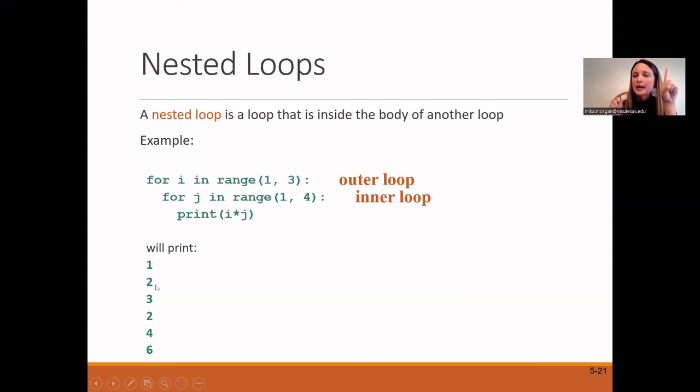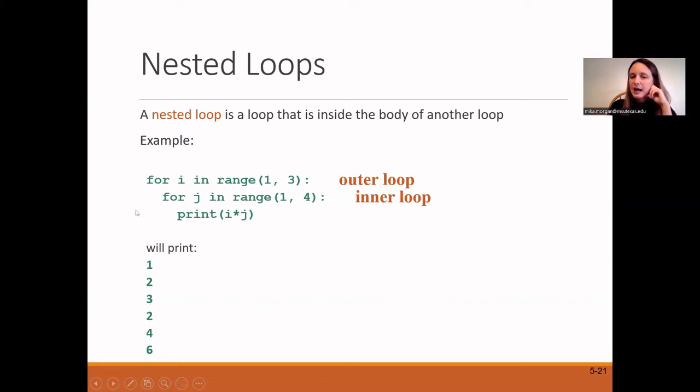I increment J. 1 times 3, 3, right? Remember that we don't include this second number whenever we have the command range. This tells me where to start and this tells me where to stop, but I don't include it. So J is going to run through the numbers 1, 2, 3. And you can see that here, 1, 2, 3 times 1 gives me 1, 2, 3.